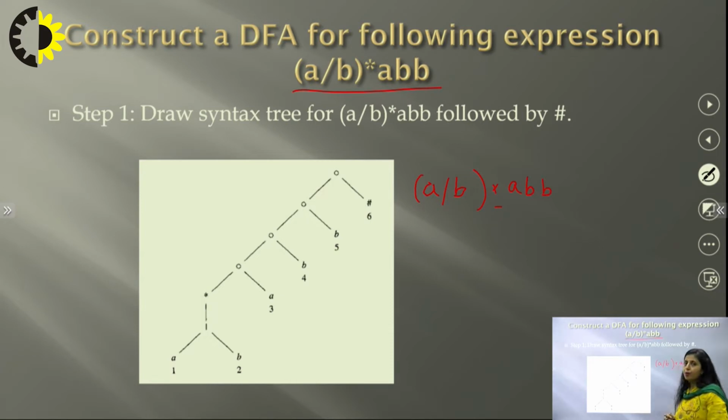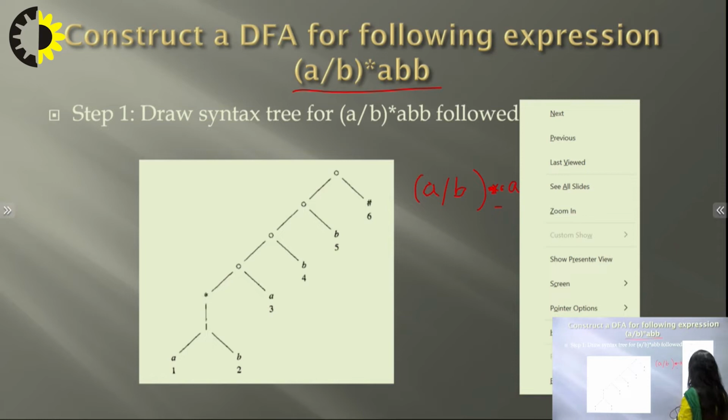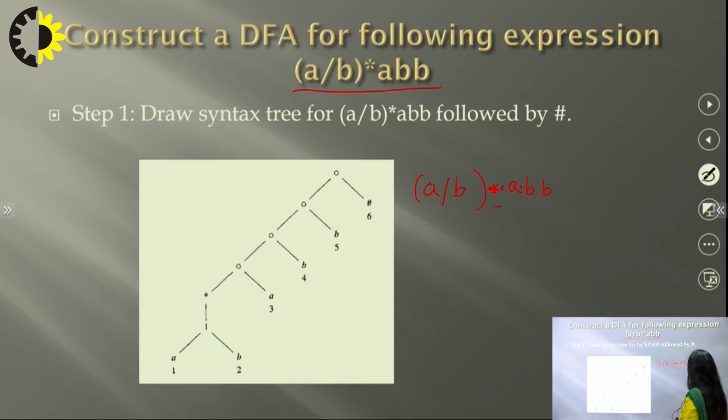So we have to assume that star is connected with a by the concatenate symbol. In the same way, a is connected with b with the concatenate symbol, and the other b is also connected with b with the concatenate symbol. So we have to assume the concatenate symbol within the regular expression.